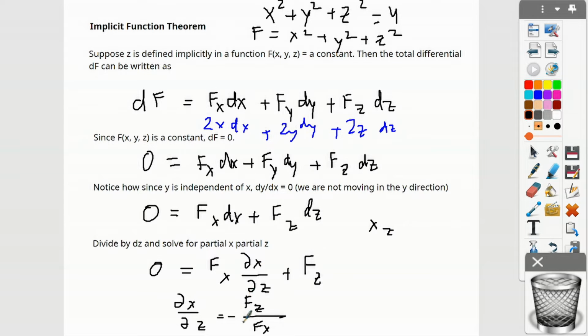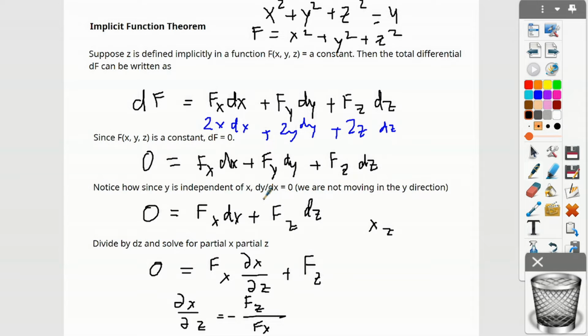Since x, y, and z depend on each other, we can actually calculate x sub z, x sub y, y sub x, y sub z, z sub x, and z sub y, all of those combinations. But let's not worry about that too much. This says z sub x, so this says divide by dx instead of divide by dz. I messed up majorly.